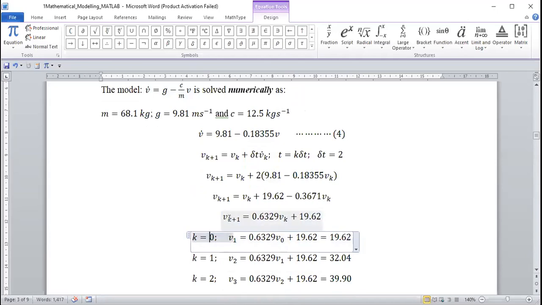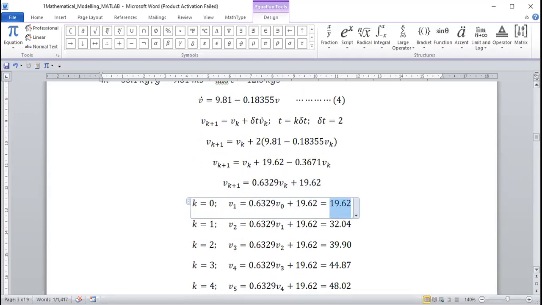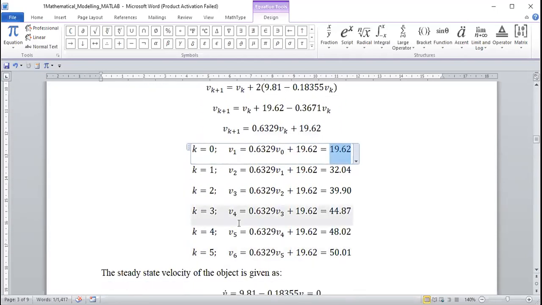Then we start from when k is equal to 0. When k is equal to 0, you have v1 equal to this equation, and it gives you 19.62. You can keep iterating, k is equal to 1, k is equal to 2, 3, 4, 5, and you get all these values.